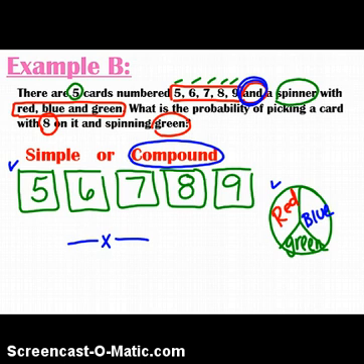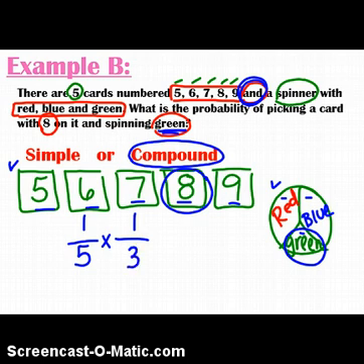So I want to know the probability of picking a card with an 8 on it. I know that there's only one 8 listed, so I have 1 as my numerator, and there are a total of 5 cards. So 5 would be my denominator. Then I want to spin a green, and I know that there's only one green on my spinner, which is my numerator, and I know that there's a total of 3 sections.